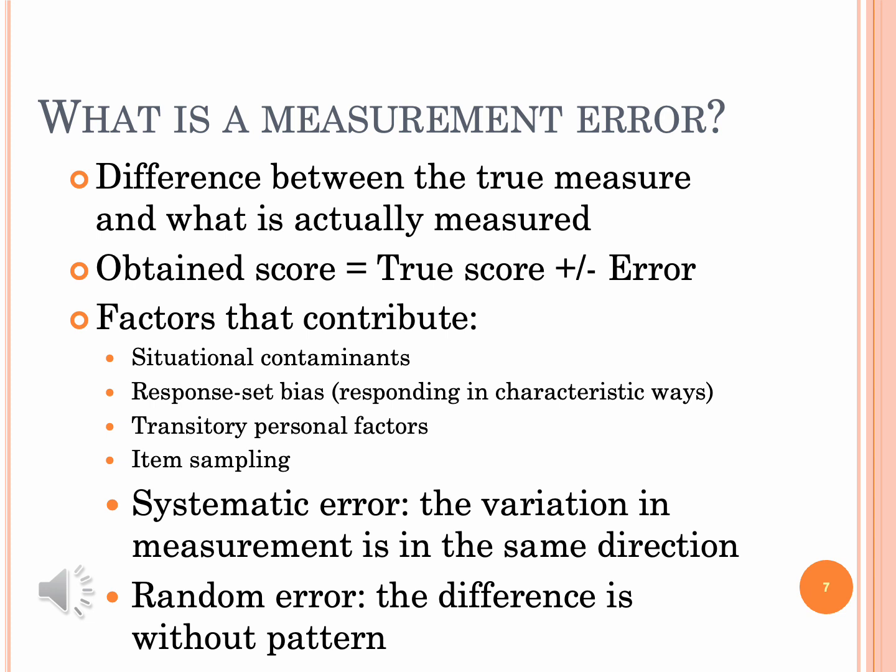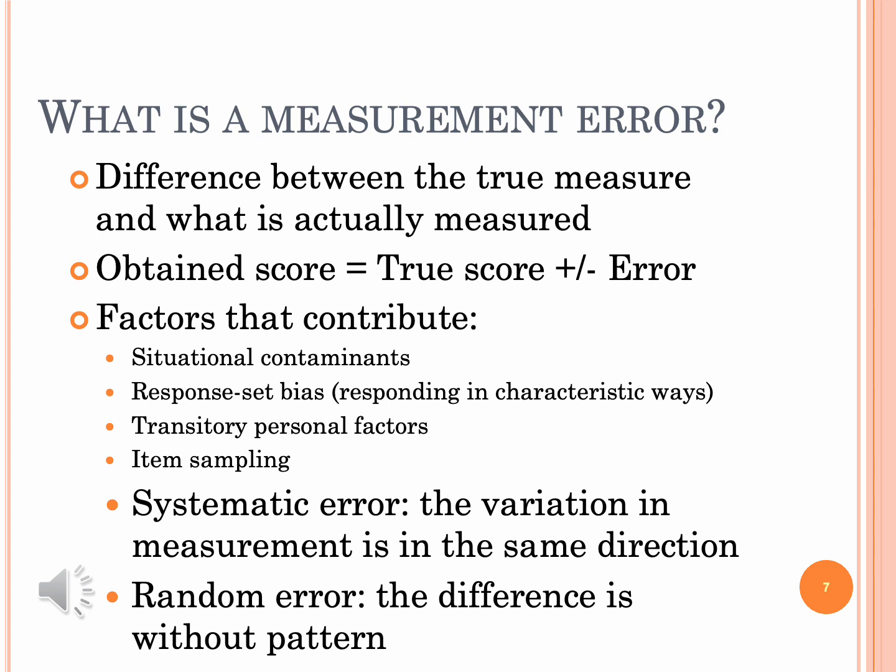Systematic error would be when you, for example, want to measure patient satisfaction and you select patients who you think may be satisfied with services. That will obviously shift the mean satisfaction score in a positive direction.